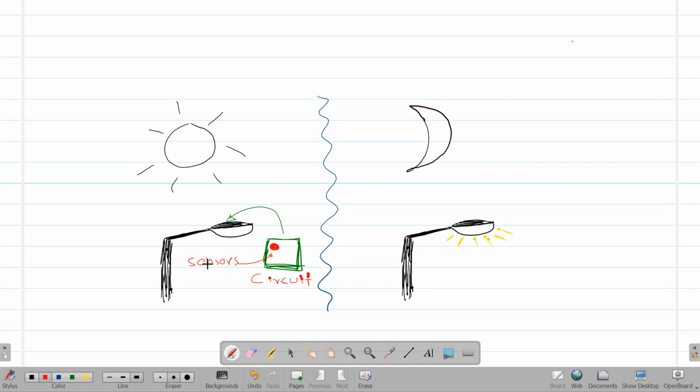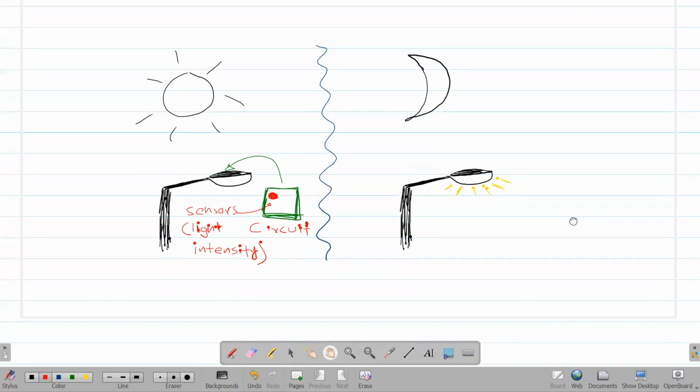In this case, we use a sensor which is sensitive to light, the light intensity. How this sensor is going to work is that it is given a particular logic to operate.